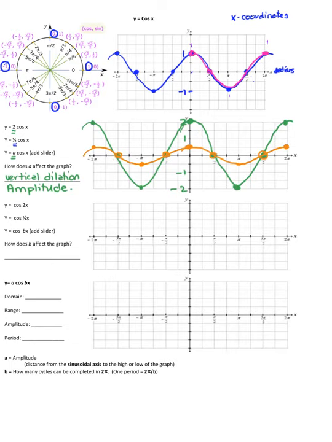Now what if you had a negative? How would that look? Well, if I had y equals -2 cosine x, that again is a reflection. All your zeros stay, but instead of starting high, I start low and I end low.